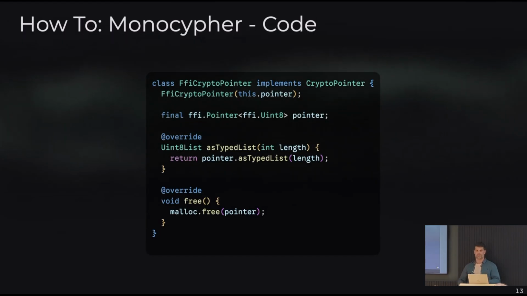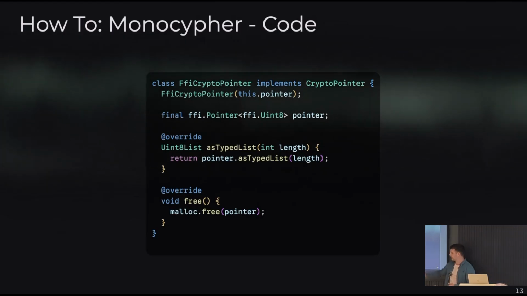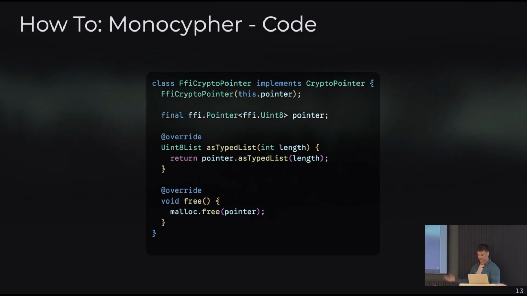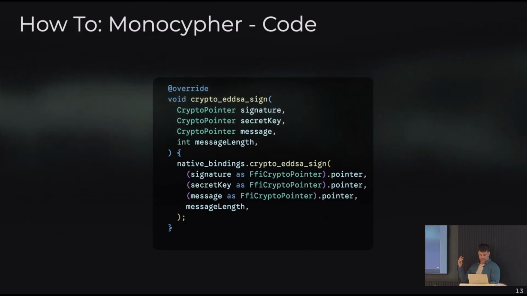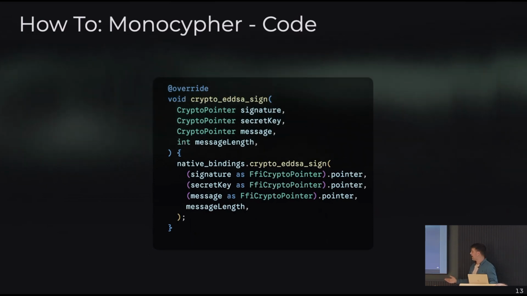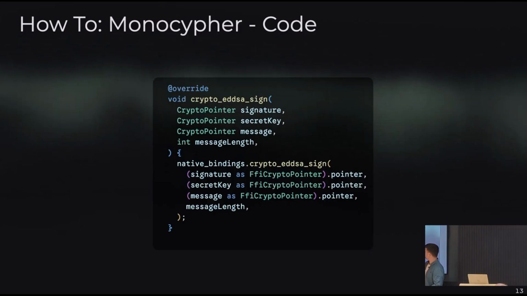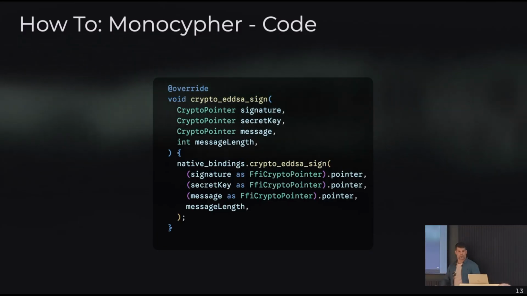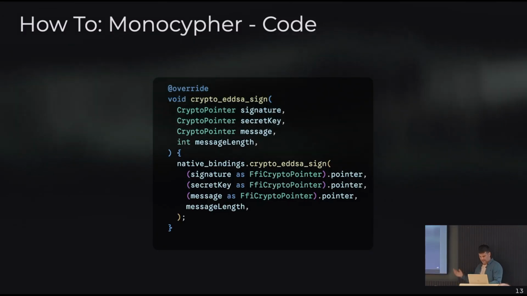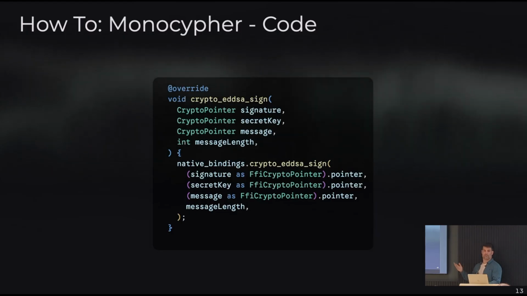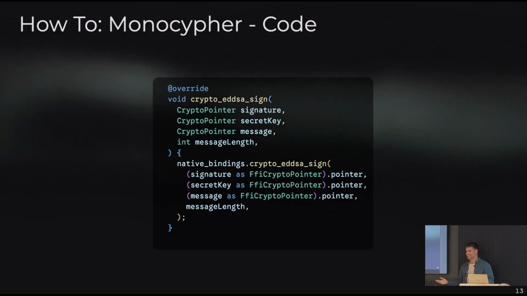You have to do memory allocation, so that's what this malloc function is, which is provided by the FFI library. And then when you call the native bindings, it's simple. It's Dart. You just have to make sure that you get the right types, and then things just work. It's compile safe. I'm sure you could break it somehow. I haven't managed to yet.